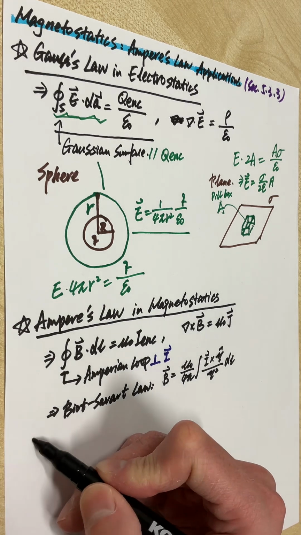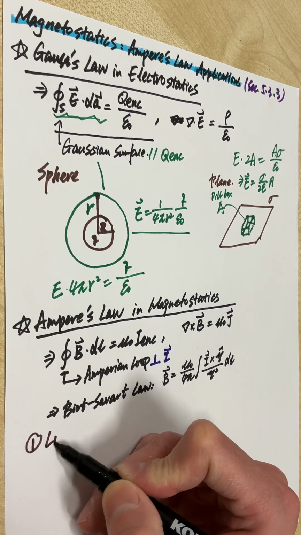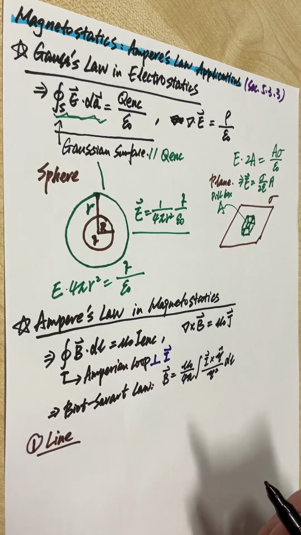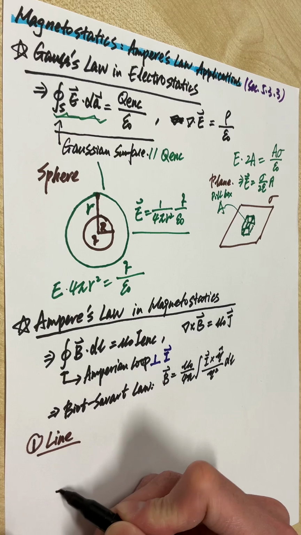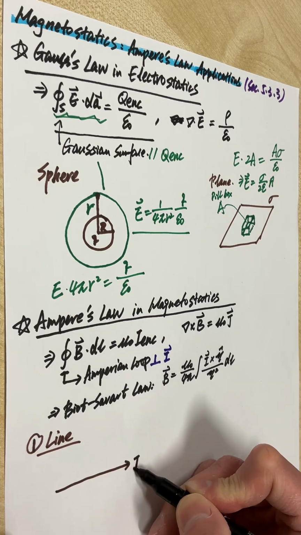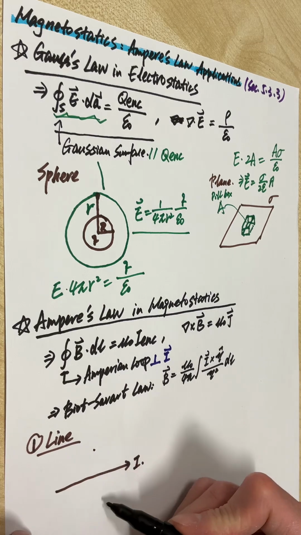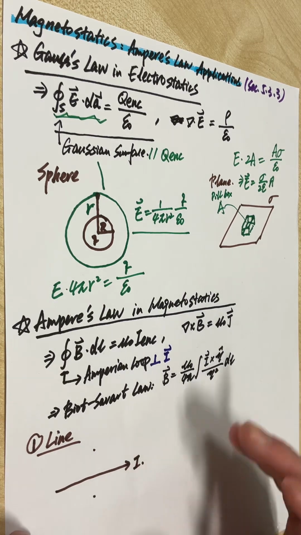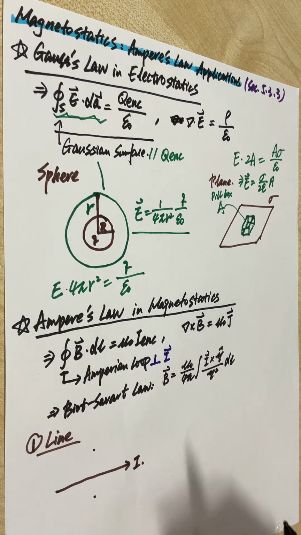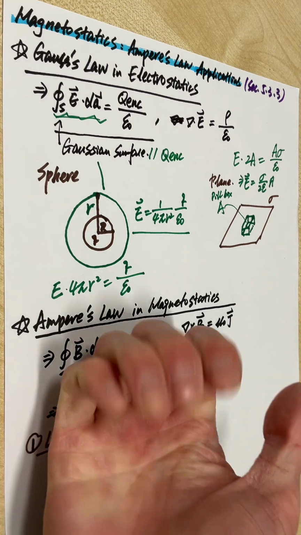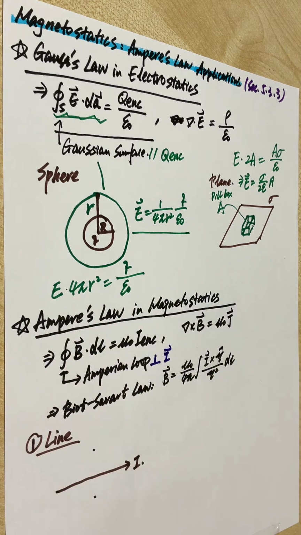The first one is line current. So we have just a steady current here, I. So what is the magnetic field up and down anywhere around this current? Based on the right-hand rule, we know the magnetic field would go like this.